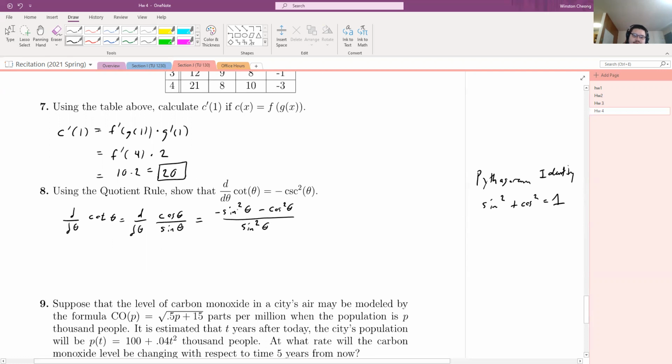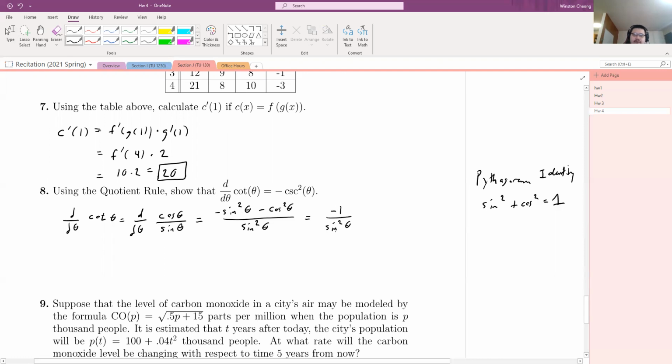The way that this fits in is that the numerator is actually the negative of sine squared plus cosine squared. You can factor a negative 1 out of the numerator, and then you have sine squared plus cosine squared. So the numerator reduces to negative 1 over sine squared.